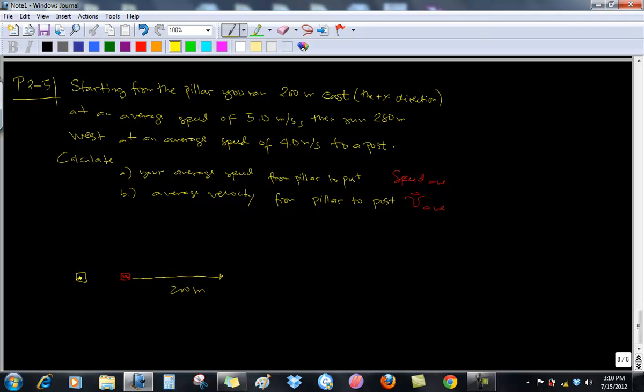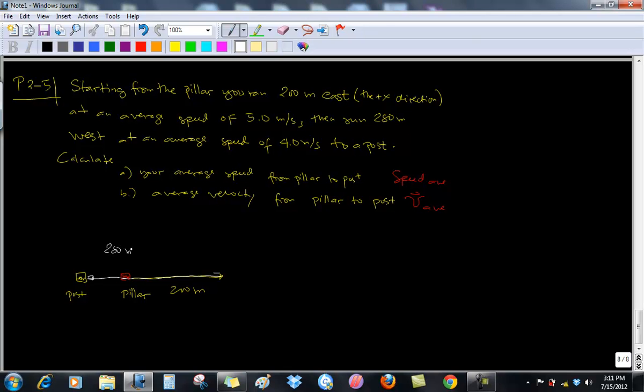This is the pillar, and this is the post. When you arrive there, you run back west, so if east is to the right, west is to the left. You run towards there, and that length is 280 meters.